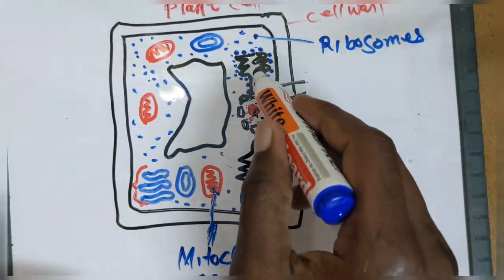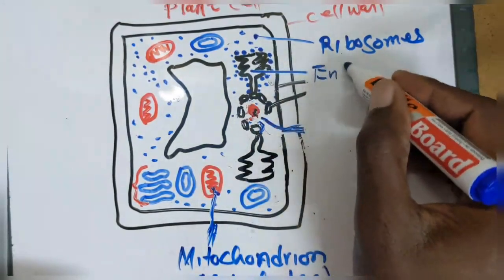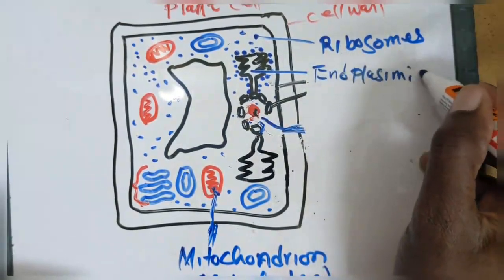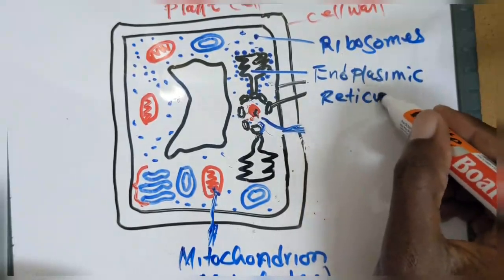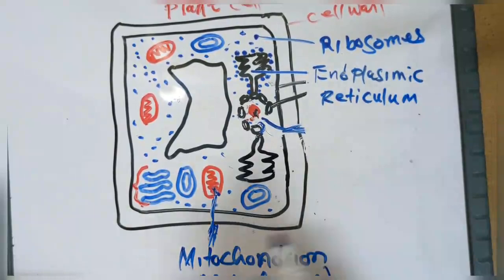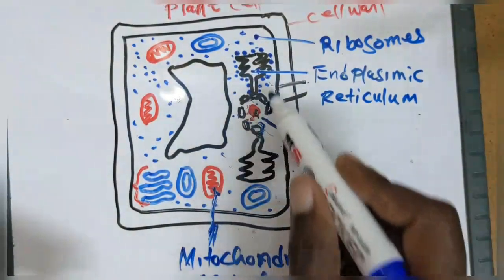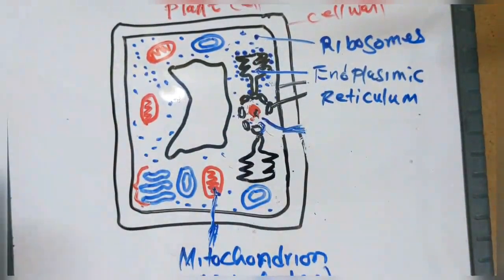This part here is called the endoplasmic reticulum. These ribosomes are attracted to this part. What is the reason for that?